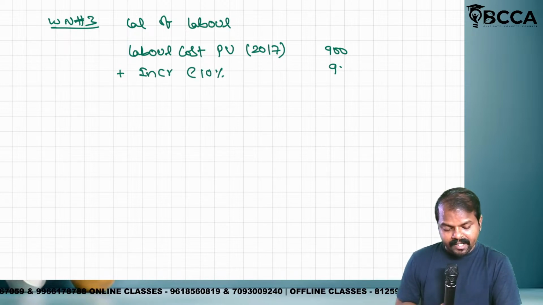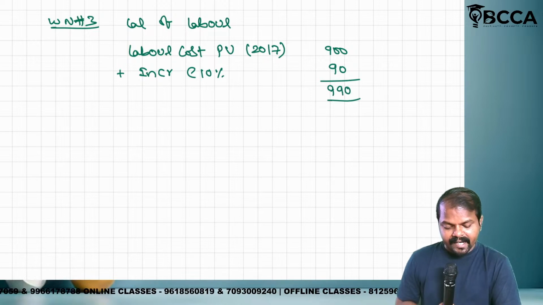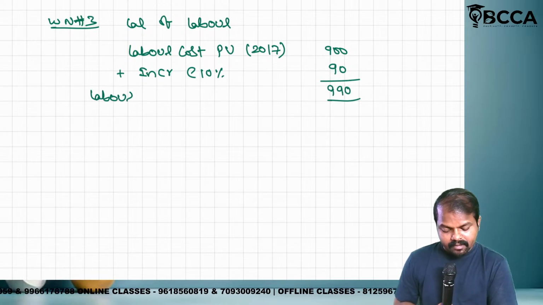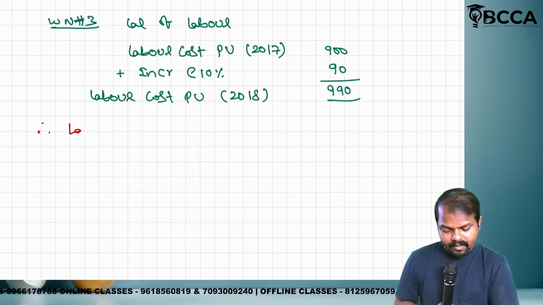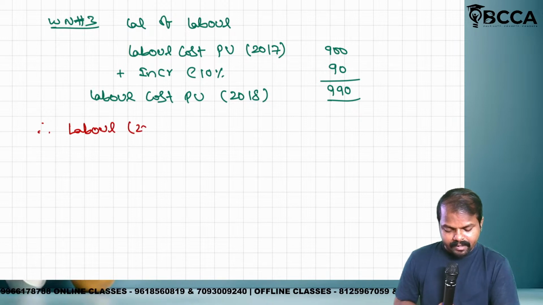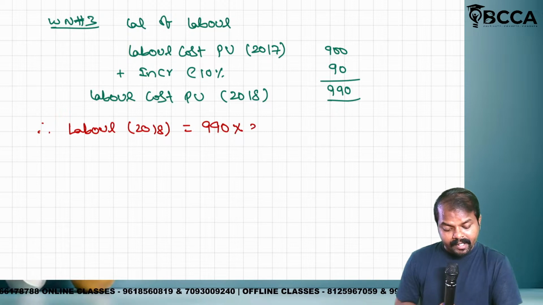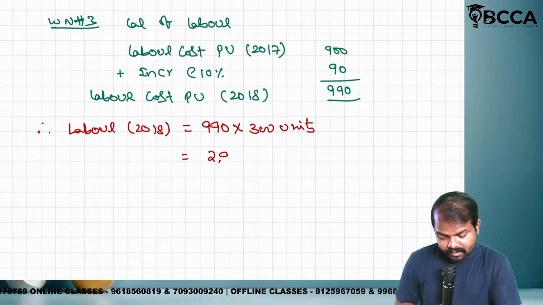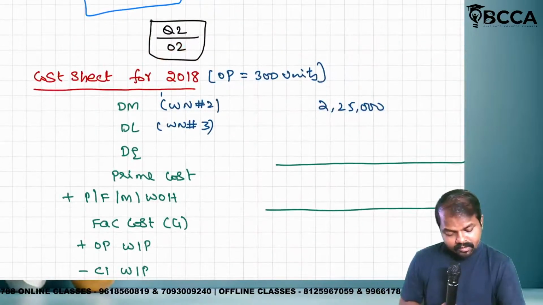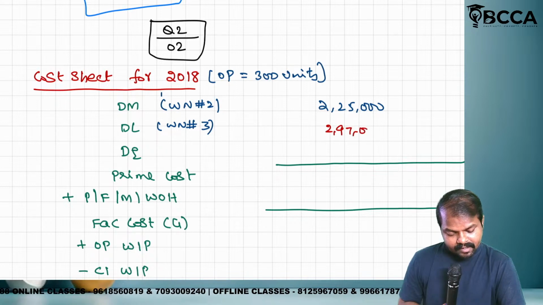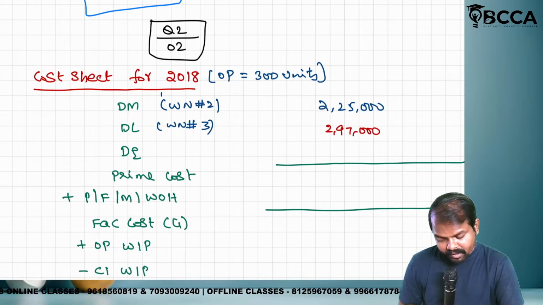It means 90, so 990. What is this 990? Labor cost per unit 2018. Therefore, labor for 2018 is equal to 990 rupees per unit into 300 units, 2,97,000.